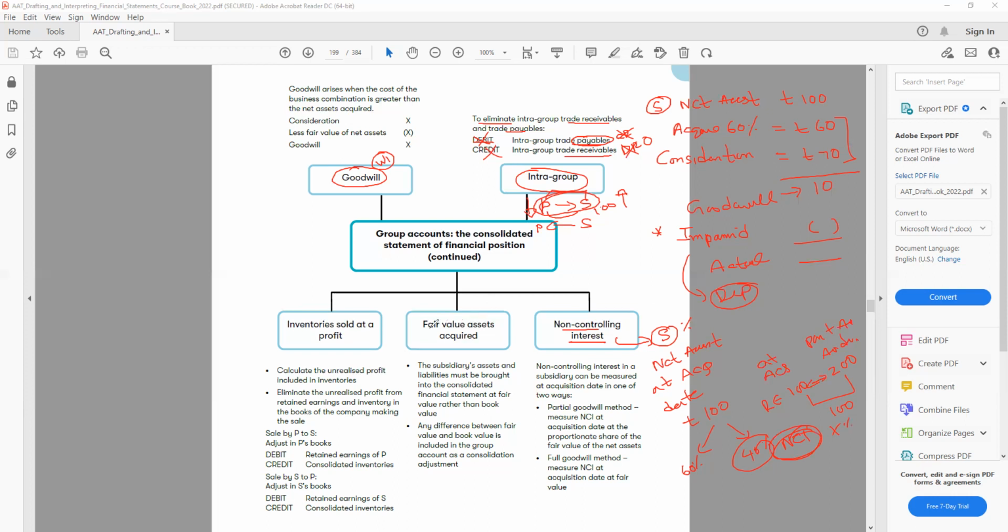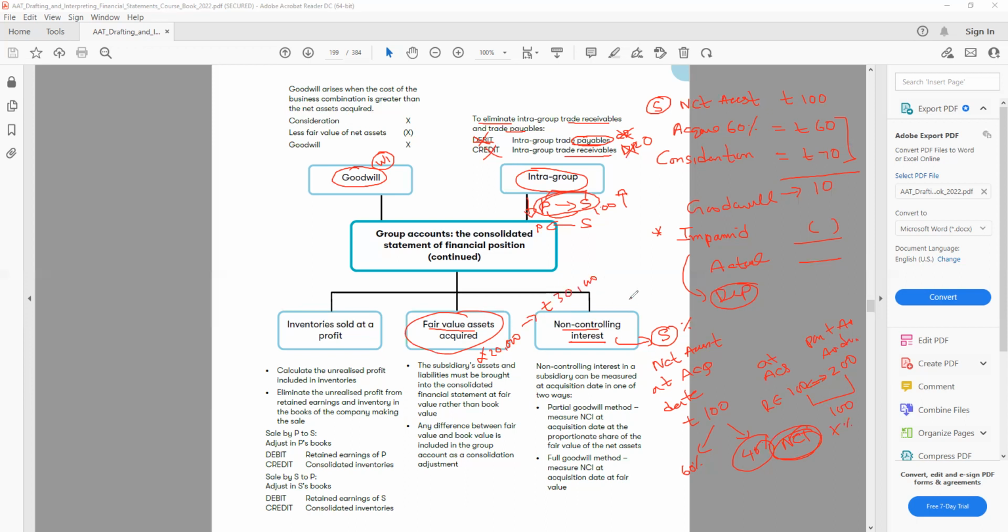The next one we have here is fair value of assets. Fair value means sometimes the asset value we have in the financial statement is different from the value in the market. For example, on the financial statement, a land value is 20,000. Maybe the land was purchased a few years back, but currently the market value is, for example, 30,000.